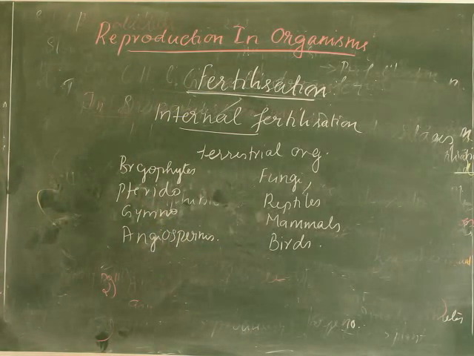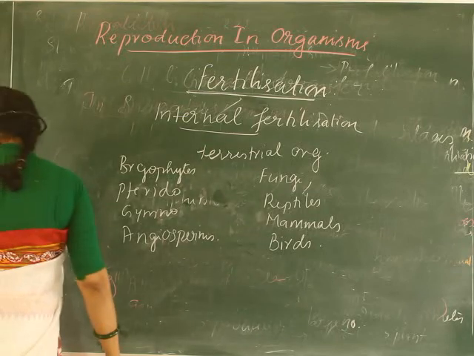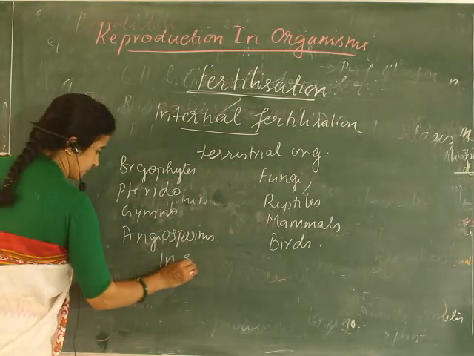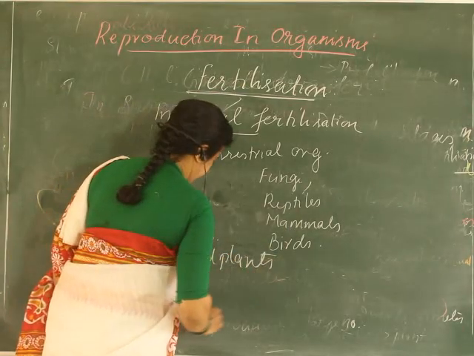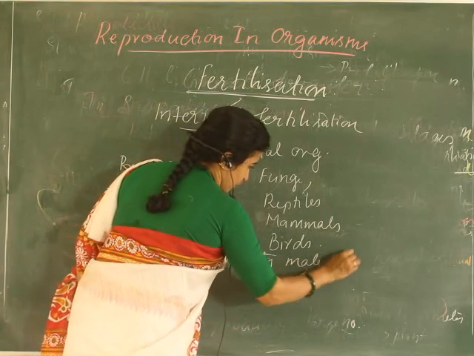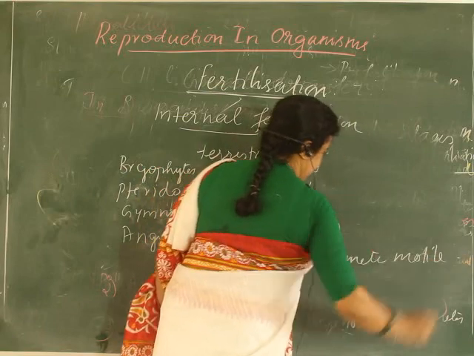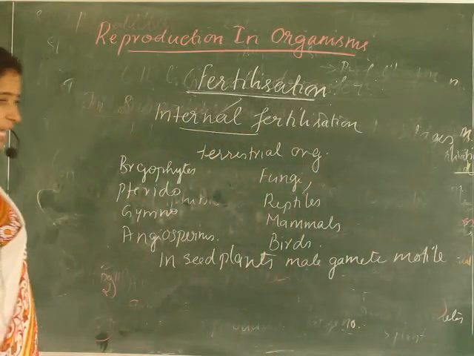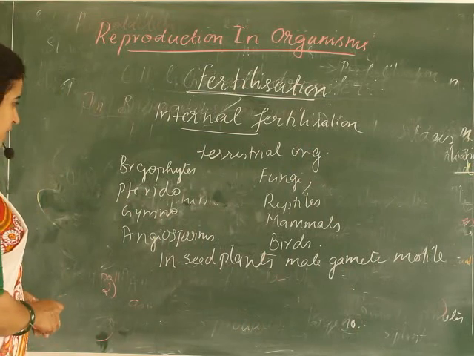Then in seed plants, the male gamete is motile, carried with the help of a medium, which can help in fertilization.